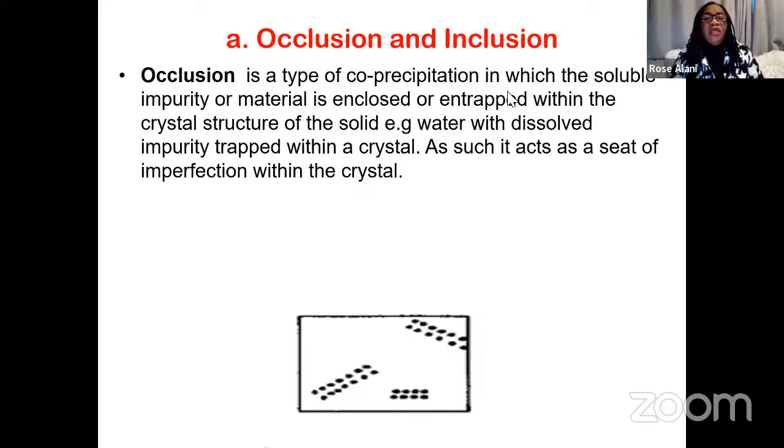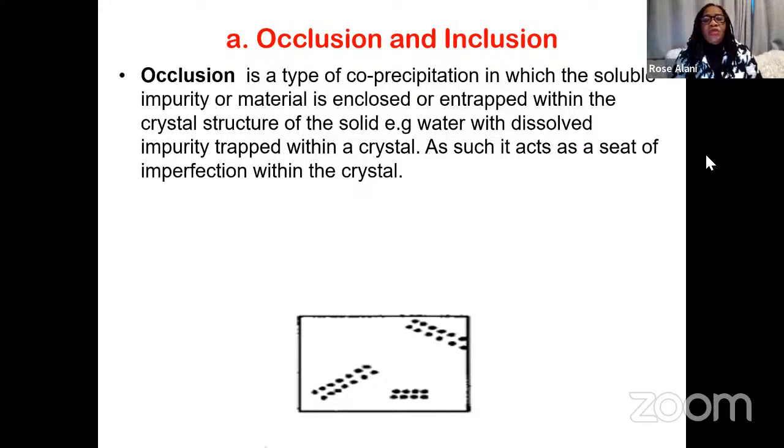Taking occlusion and inclusion. Occlusion is a type of co-precipitation in which a soluble impurity or material is enclosed or entrapped within the crystal structure of the solid. That is, within the crystal structure of the precipitate that was formed, where we get our analytes, but then other things can co-precipitate, getting trapped within that crystal structure.